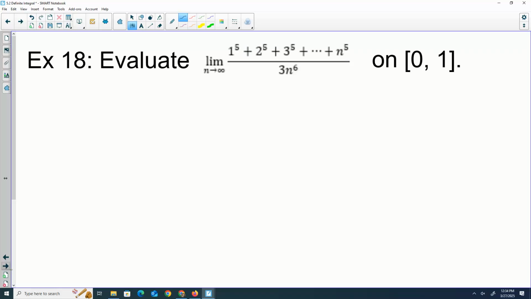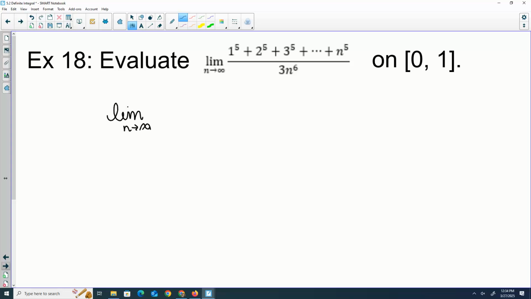Let's look at this one. If I asked you to evaluate this, change it to a summation. So this is the limit as n approaches infinity. Okay, how would I write this?